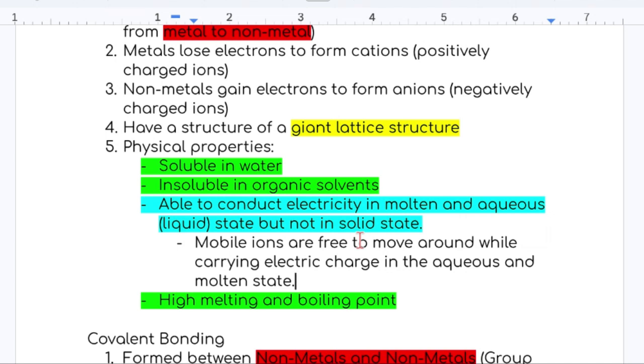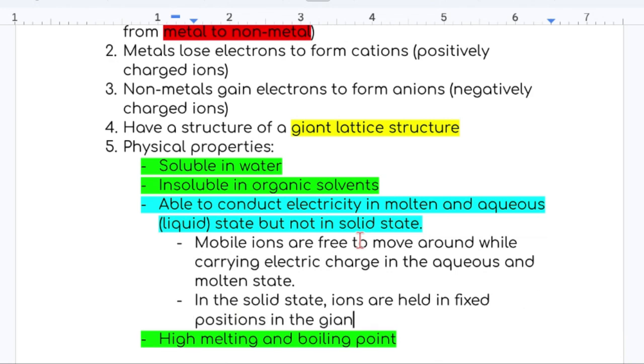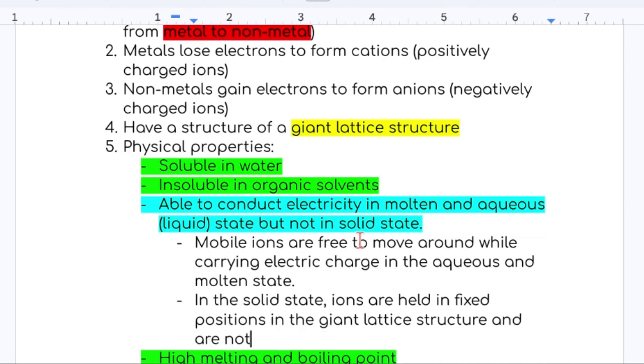This electric charge is carried by the ions, and that is why it can conduct electricity in the liquid state. But in the solid state, ions are held in fixed positions in the giant lattice structure and are not mobile.